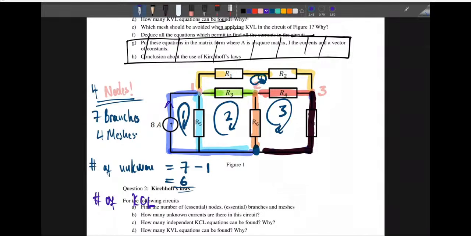But what we do know is that this branch at the bottom where they are going to come and meet, from this node where they meet, they'll be joining each other again, so it'll be back to the same.